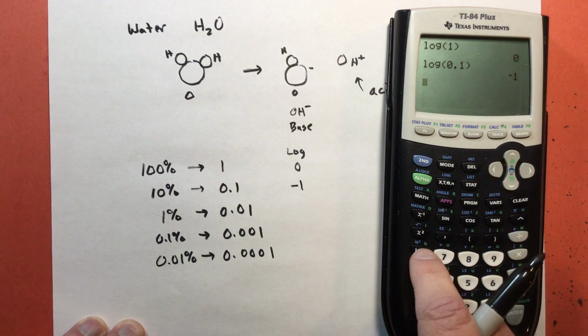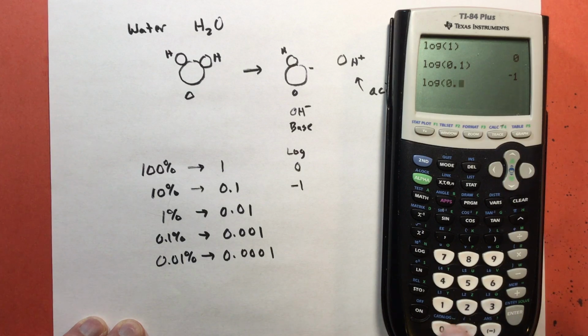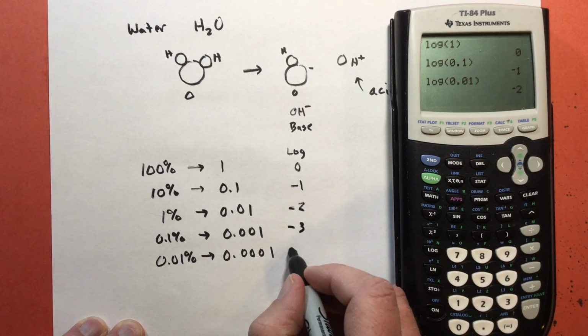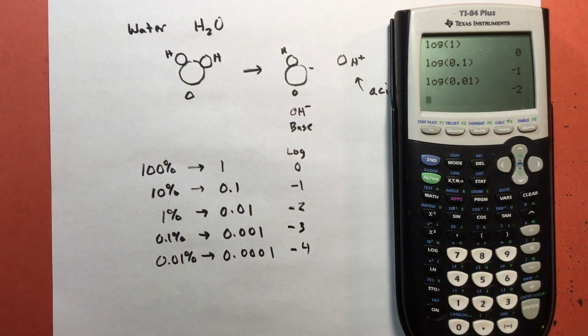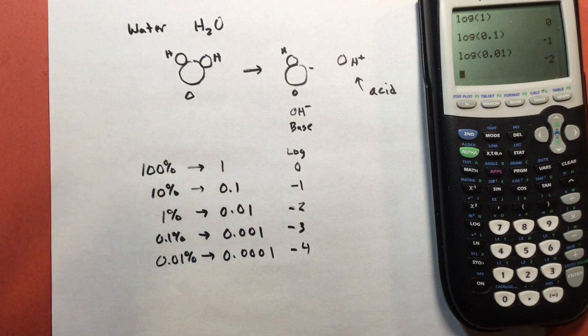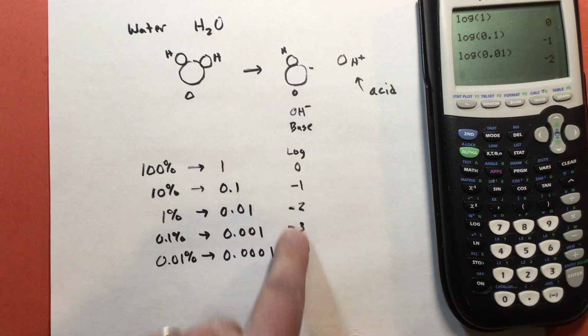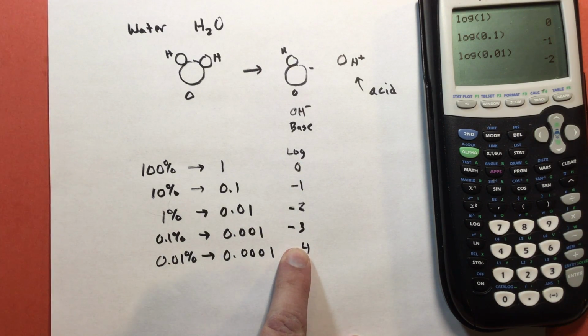And you'll see the pattern. Log of 0.01, which is 1/100th, I'm going to get negative 2. Of course, this would be negative 3, that'd be negative 4, etc. So what chemists prefer is, instead of dealing with these numbers, it's easier just to make it easy like this. All right? However, they still don't like the negative in front of it.